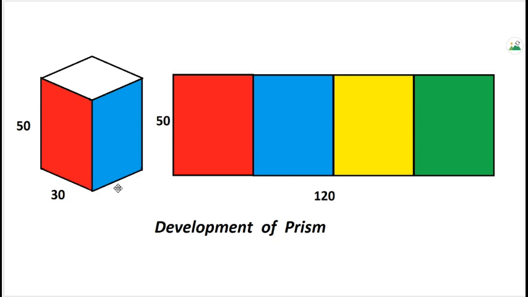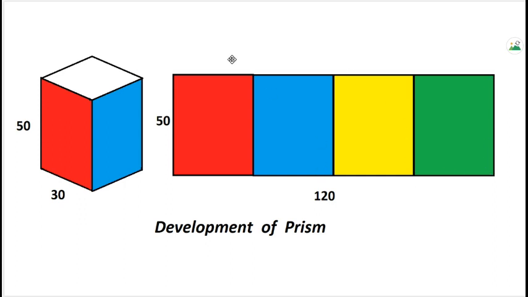If you want to wrap a piece of paper or sheet around it, you will have to take a sheet of this shape whose width will be equal to the height of this prism, and this length should be equal to 4 times the base side of this prism, because 4 sides are there, so it will be 120. If it had been a pentagonal prism, then the length required would have been 150, that is 5 times the side.